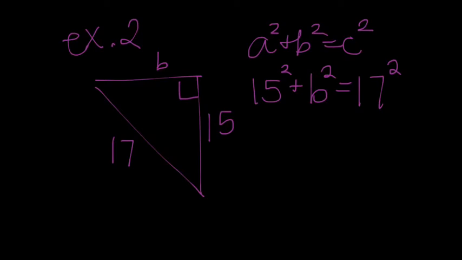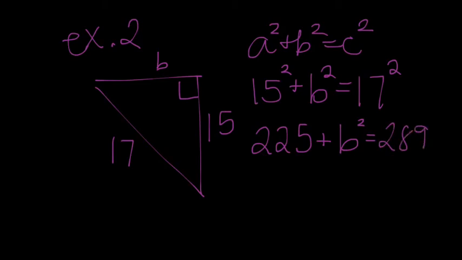Okay, so we'll take out your calculator. 15 squared is 225 plus b squared equals 289. Go ahead and solve our equation. Start getting that b by itself.